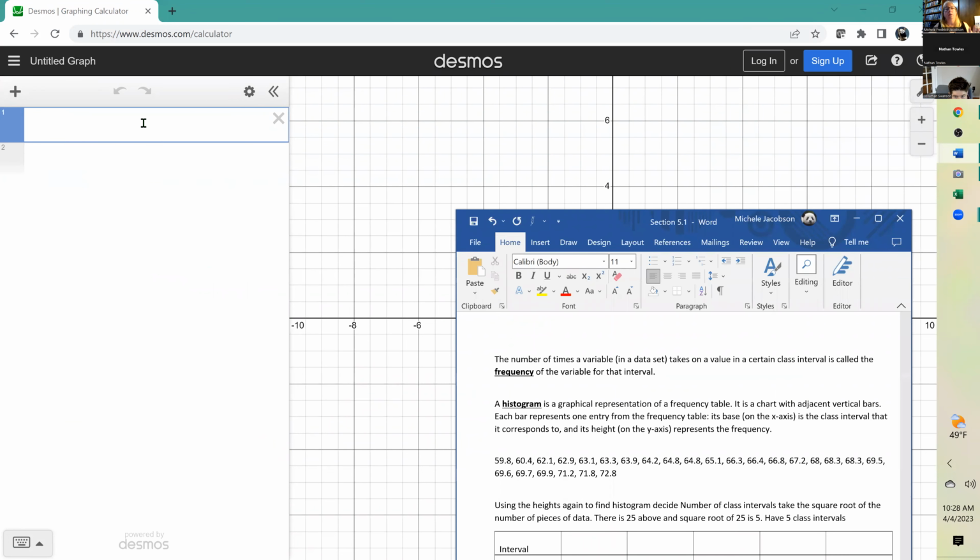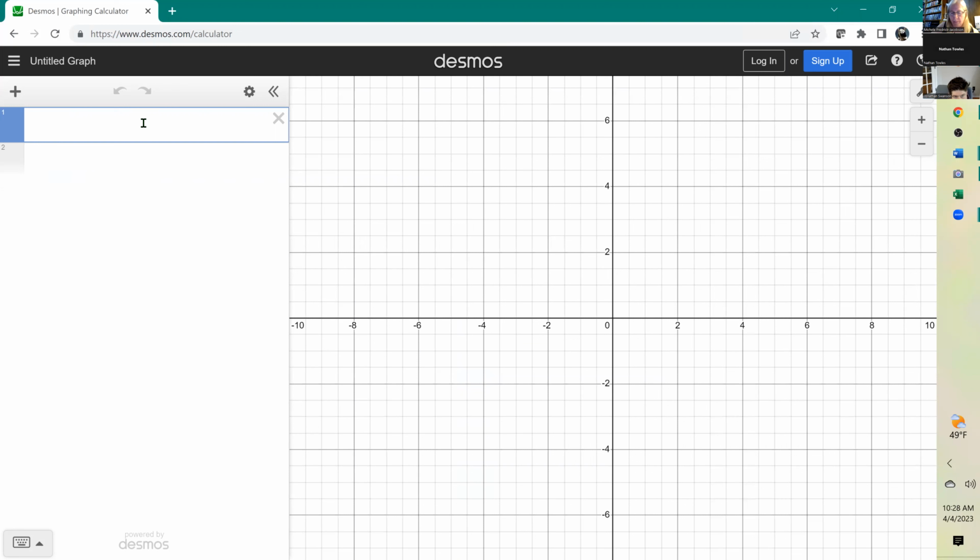Now, to find the mean, the standard deviation, you can even find the 5-number summary or the box plot quartiles. To find those, you need the list. Instead of having to enter that list into every piece of data, you can make a list. L equals, and then square bracket.